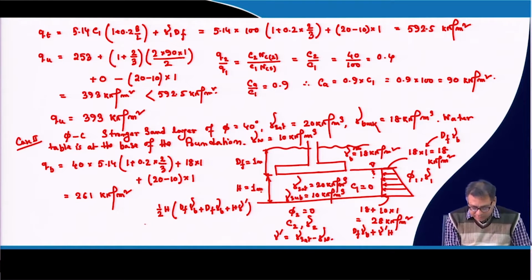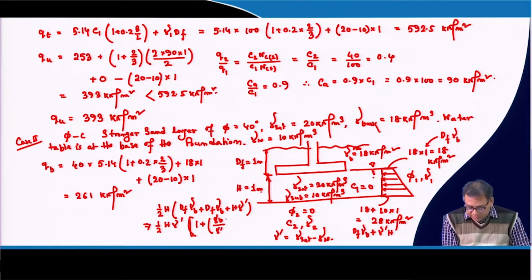I can write this equation further as half gamma dash H square, times the bracket: 1 plus twice gamma bulk divided by gamma sub into Df by H. So what I have done is take H gamma dash common.